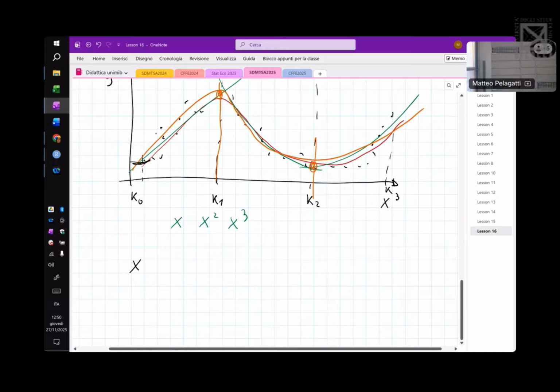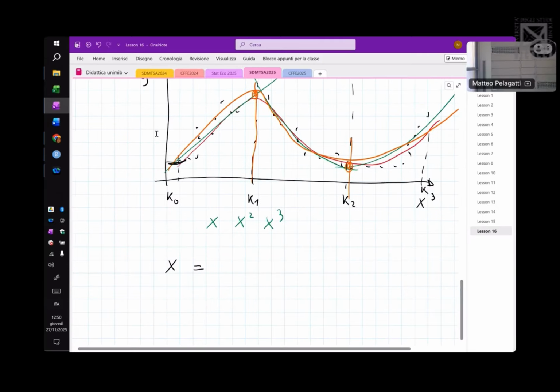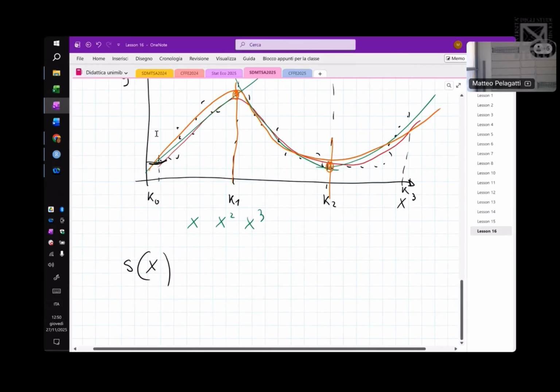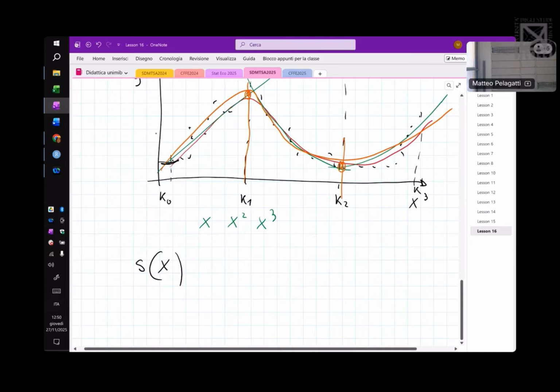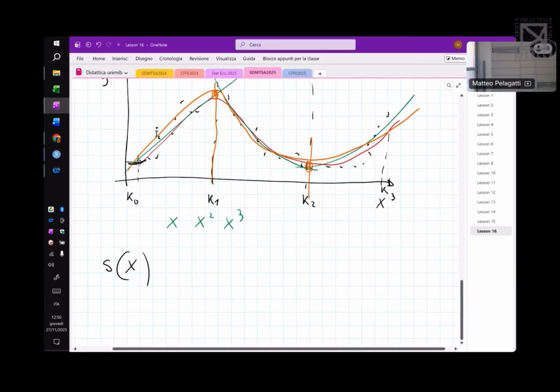It means that if I call S of X the set of spline functions, the set of all spline functions with the same nodes, so of course it depends on the set of nodes, I know how to write this as a linear combination.